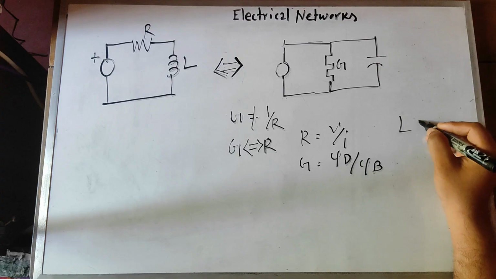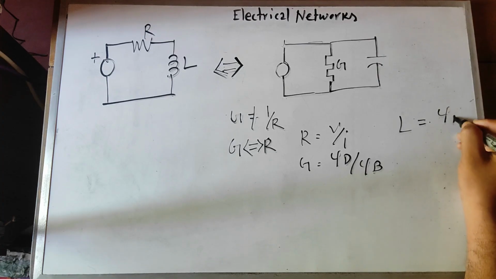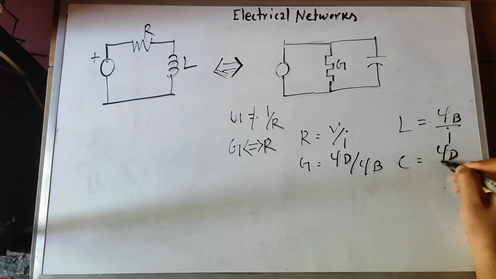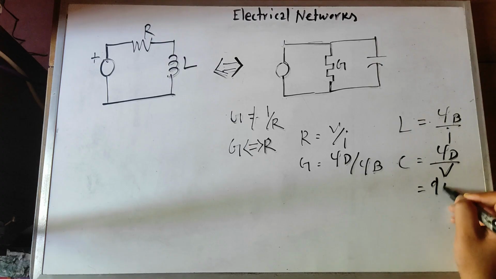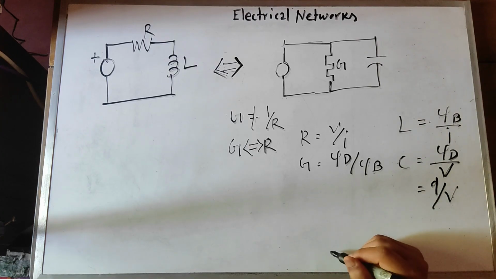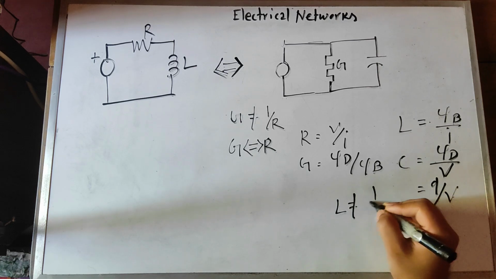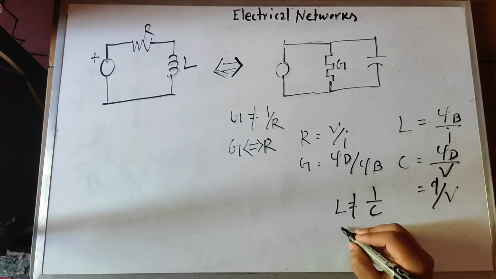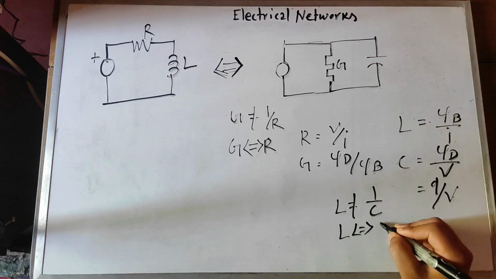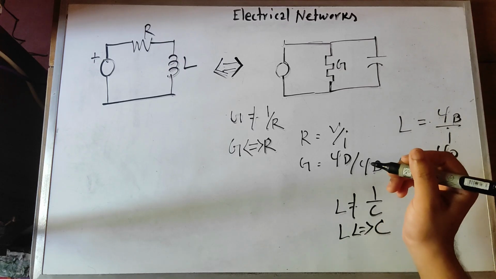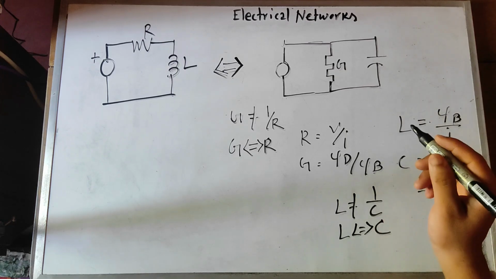Just like L is phi B by I, C is phi D by V, or charge Q by V. So L and C aren't inverse, but they are electromagnetic duals. These are very important distinctions I am making.